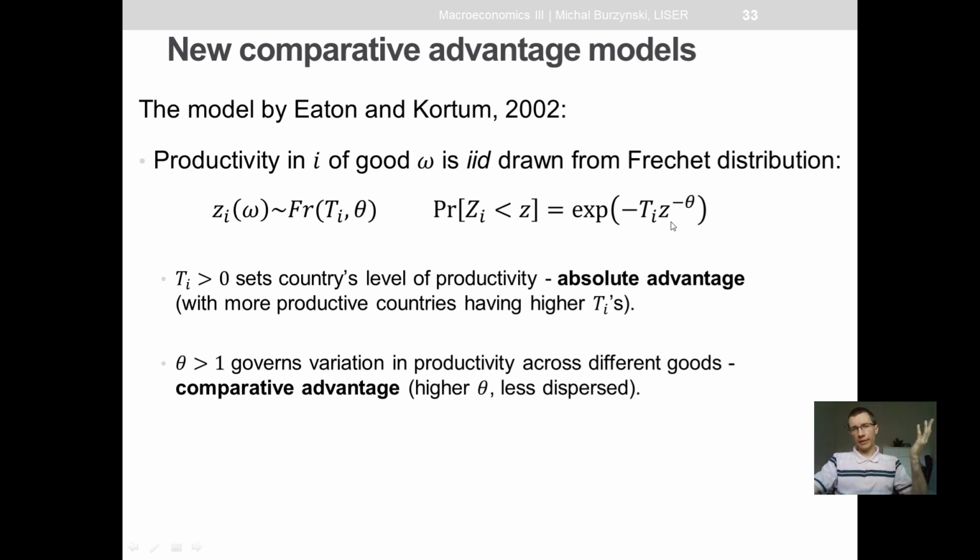What is specific, the last note on the Eaton and Kortum model, what is specific about this particular Frechet distribution of probability? You might have not heard about this. You know the normal distribution, the Gaussian distribution, you maybe know the uniform distribution of probability, you know the Pareto distribution, you know the t-student distribution, but you might never have heard about the Frechet distribution. So what is specific about this Frechet distribution?